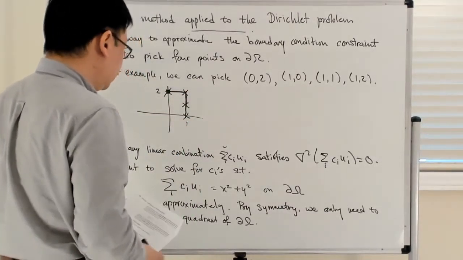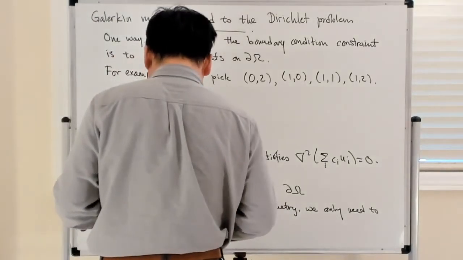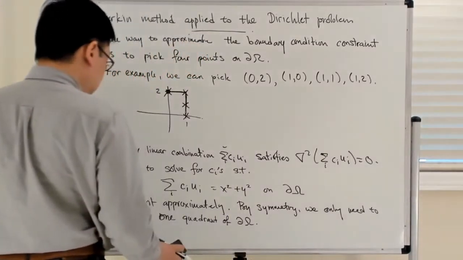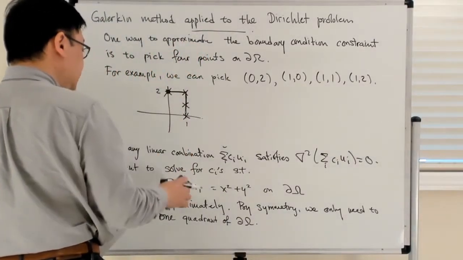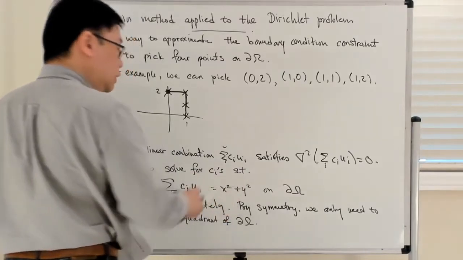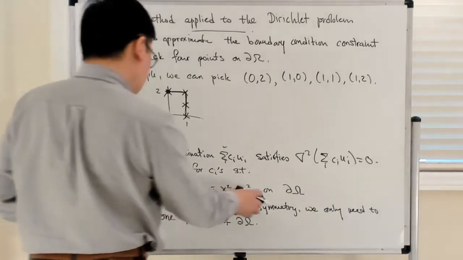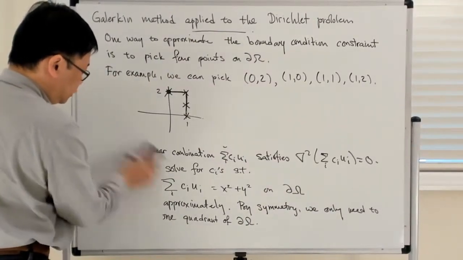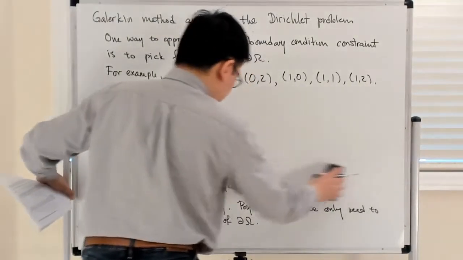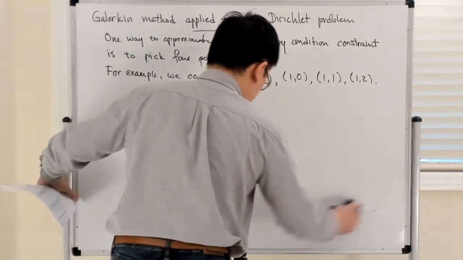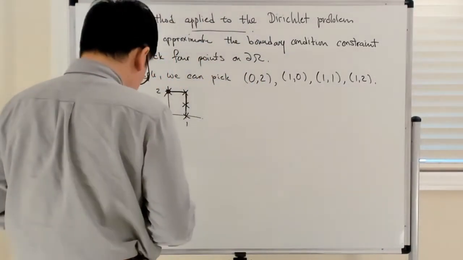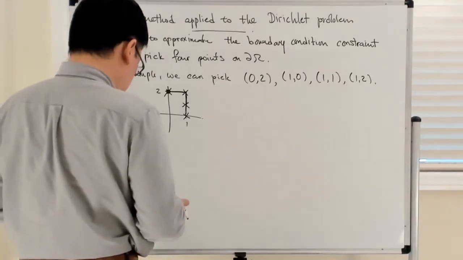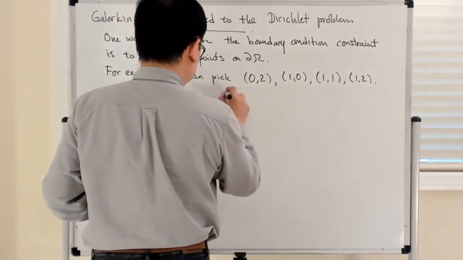It seems reasonable enough. And we're going to impose the condition that on those 4 points, this linear combination of the ui's actually agrees with the prescribed boundary conditions. That's basically the linear system we're going to have to solve, which would then give us the ci's.